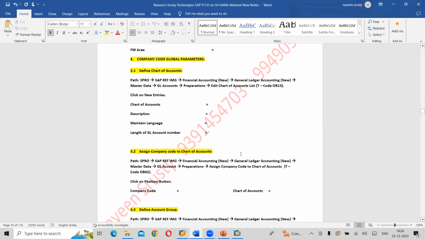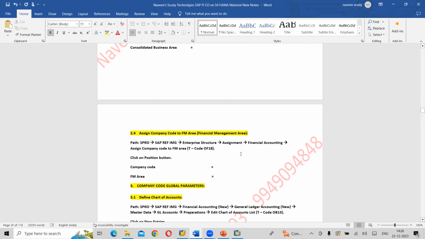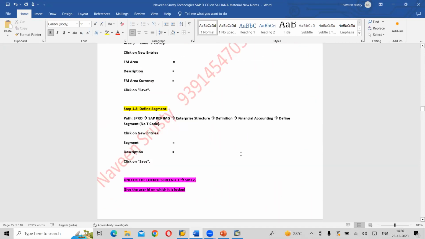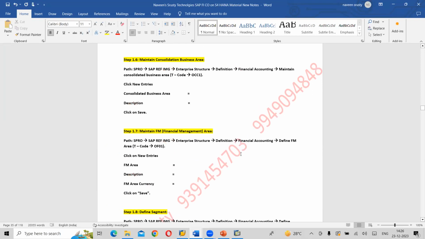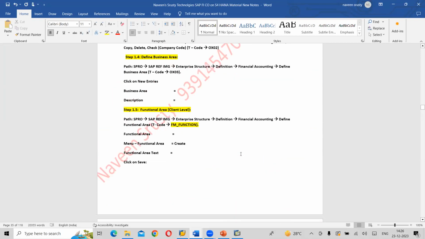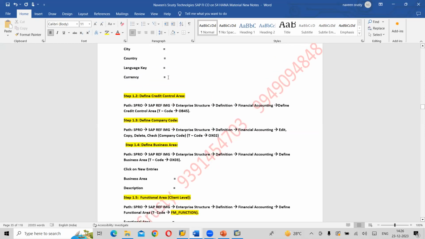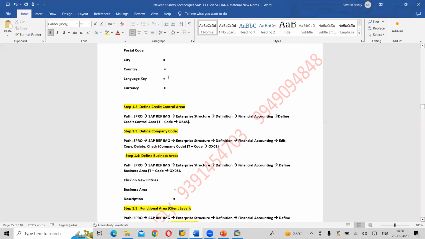We will see the FM area, whatever I just spoke to you, financial management area. Next, we are going to define business area, company, credit control area. Whatever structure we are seeing, we are going to design in our SAP. But as of now, if you don't understand what profit center, segment, business area mean, at that particular point of time, definitely you will understand without any fail.